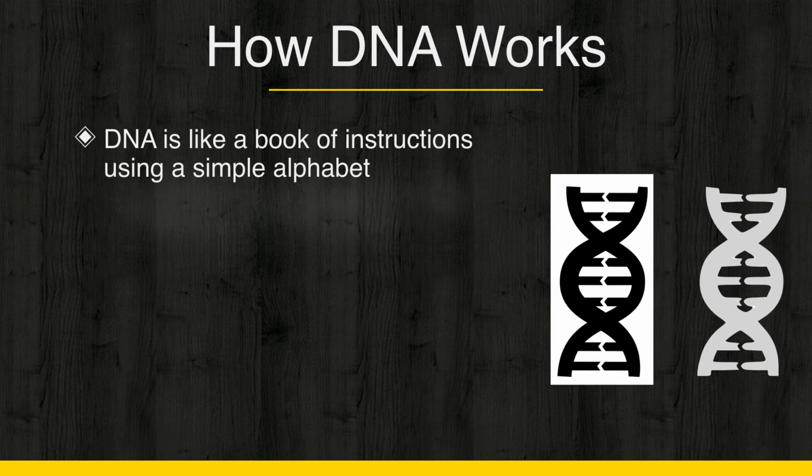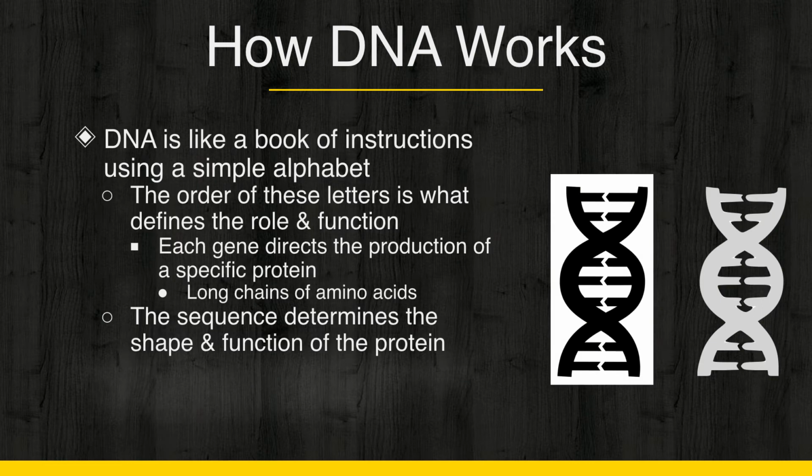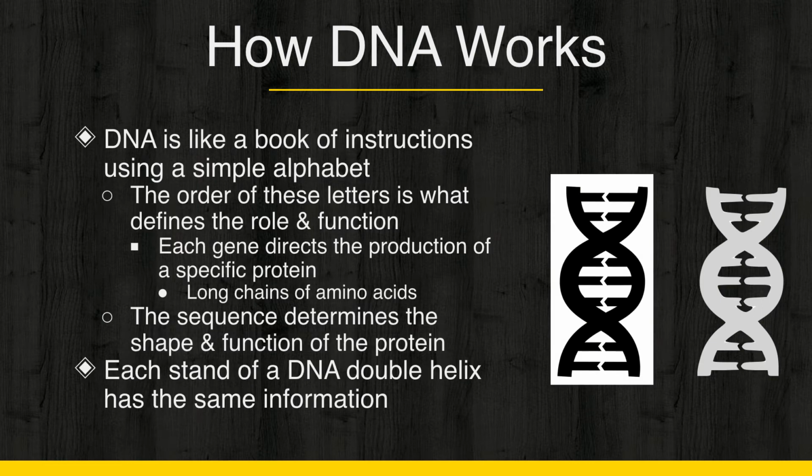So how does DNA work? Basically, DNA is like a book of instructions using a simple alphabet, that alphabet being A, T, C, G, or adenine, thymine, cytosine, guanine. The order that these letters are in is what creates the words, or what defines the role and the function.